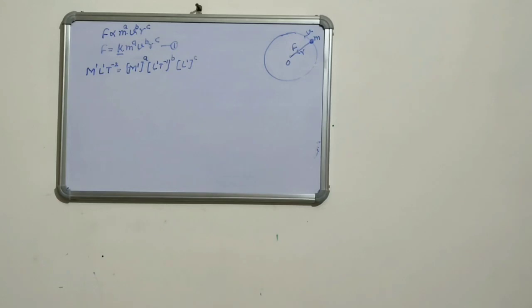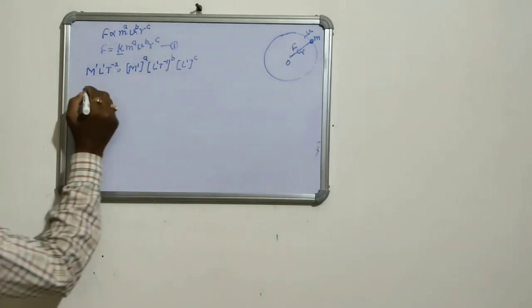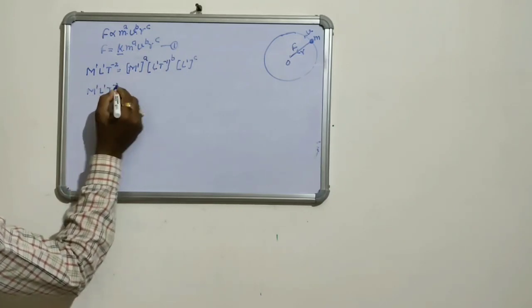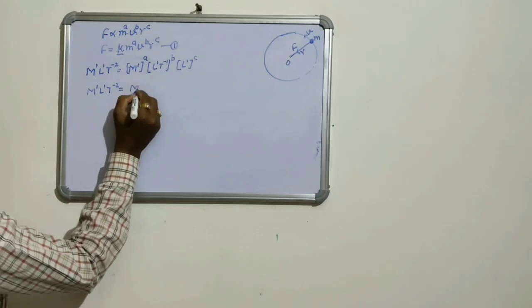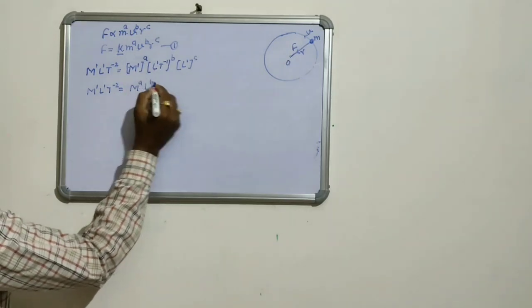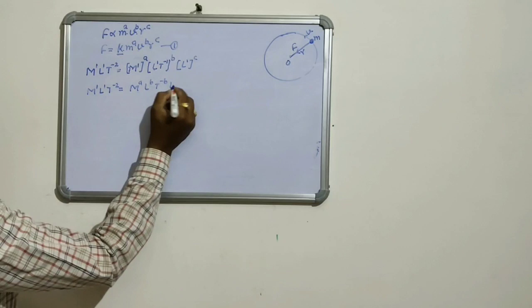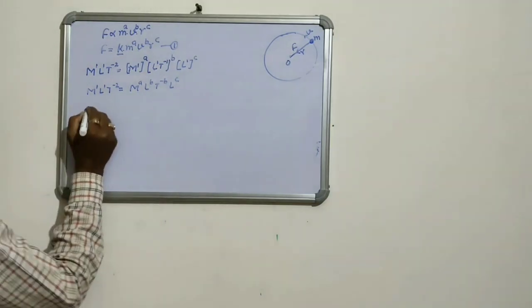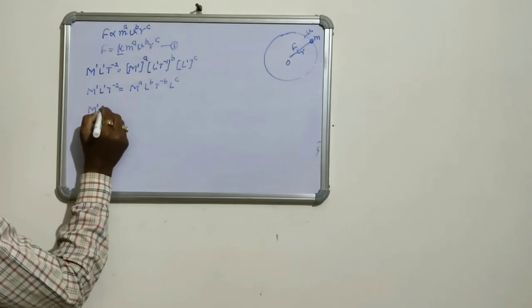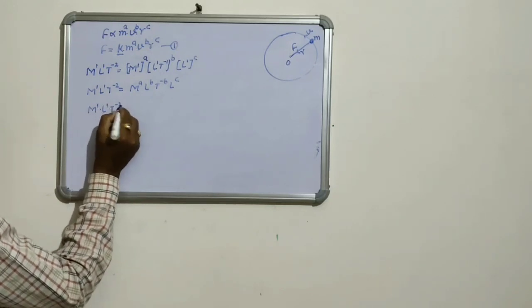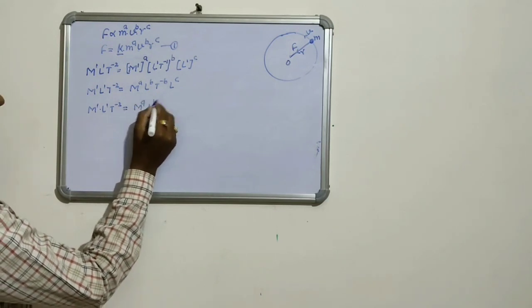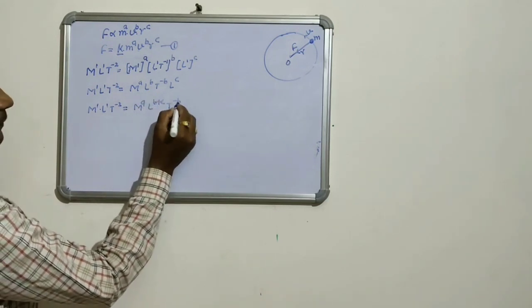After solving we get M1 L1 T^-2 equals M^a L^b T^-b L^c. So M1 L1 T^-2 equals M^a L^(b+c) T^-b, with constant K.